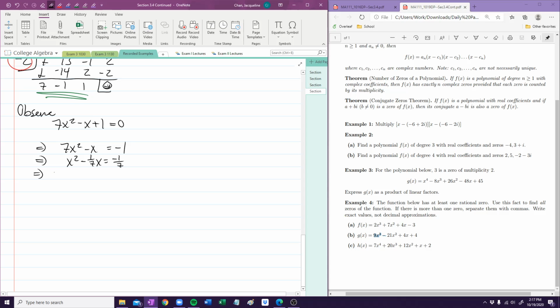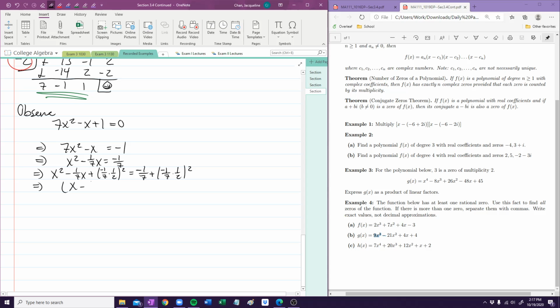Okay, so we have x squared minus 1/7 x, right, plus negative 1/7 times 1/2, quantity squared, is equal to negative 1/7, and again, we're going to add it to both sides to keep this balanced. Okay, we can go ahead and factor this.